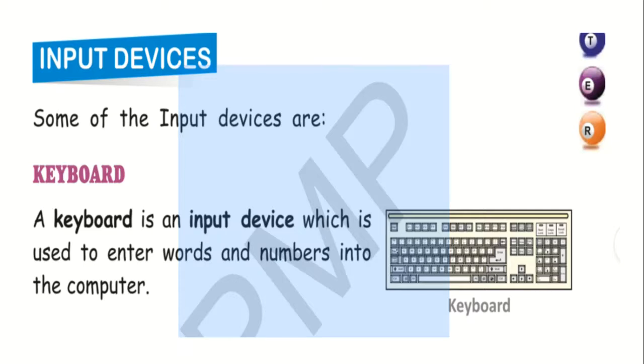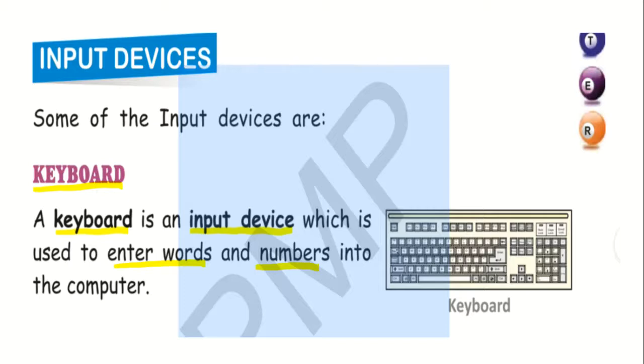The first input device we are going to read here is the keyboard. What is a keyboard? A keyboard is an input device which is used to enter words, numbers into the computer.